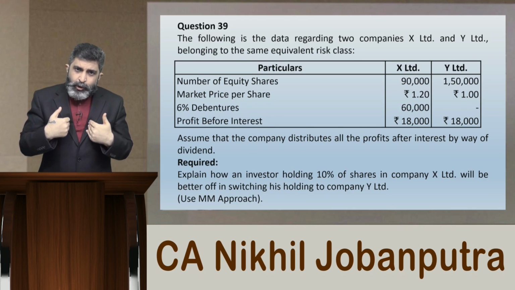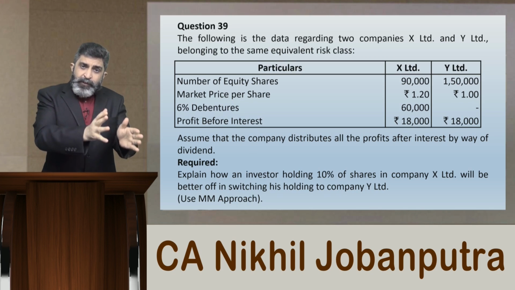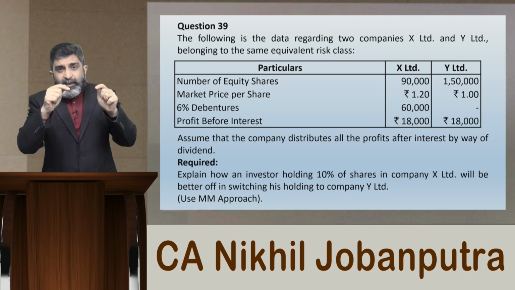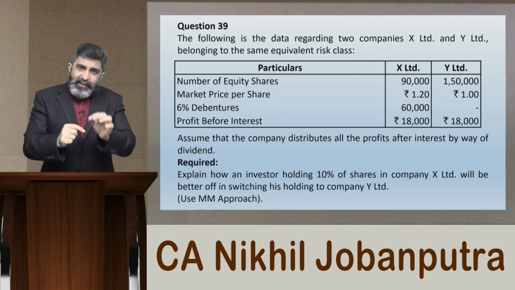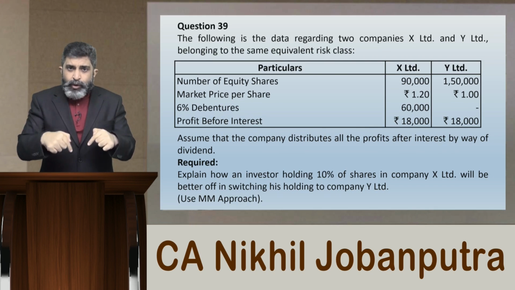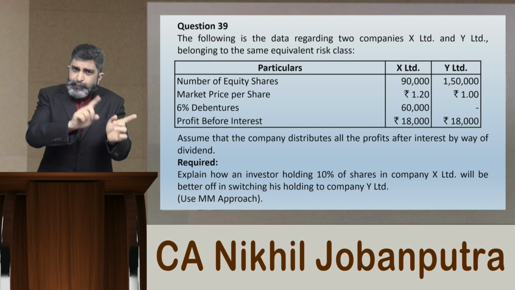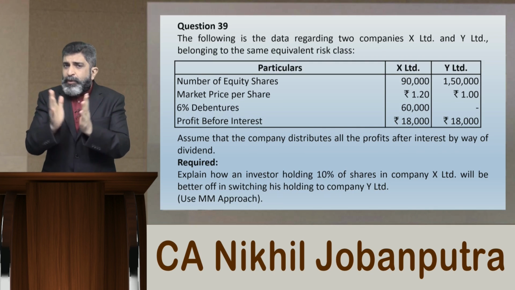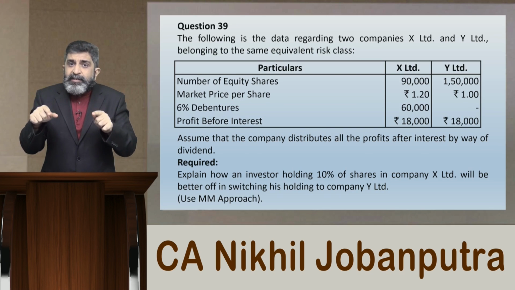See, ultimately an equity shareholder is the owner of the company. If the company has debt, means that owner of that company will have that risk of debt. That risk to the extent of 10% will even fall upon me. If I am a shareholder of that company, that proportionate risk falls upon me. The moment I invest in company B, which is an unlevered company, I will be free from that risk. So what happens?